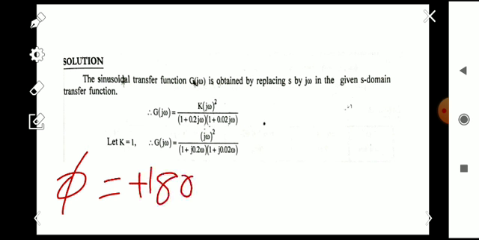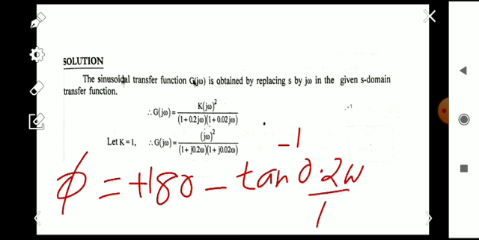If it is only j omega in the numerator, it becomes plus 90. If it is j omega cube, it becomes plus 270. After that we calculate the angle of the denominator, which will be a negative angle, and the equation of angle is tan inverse b by a, that is tan inverse 0.2 omega by 1, which means 0.2 omega.